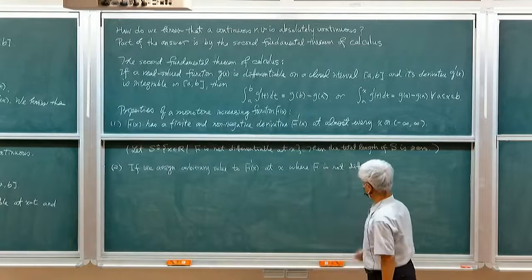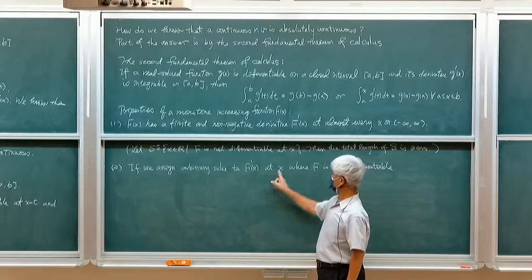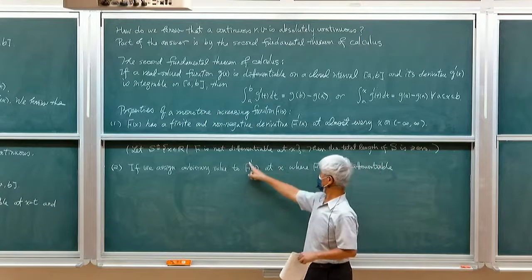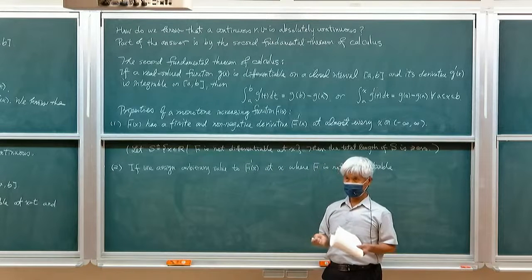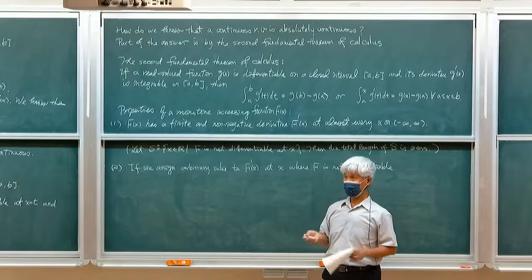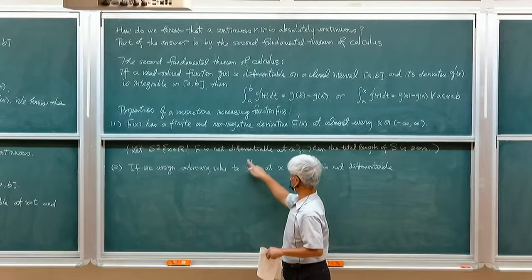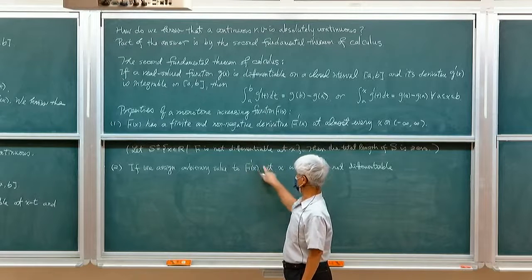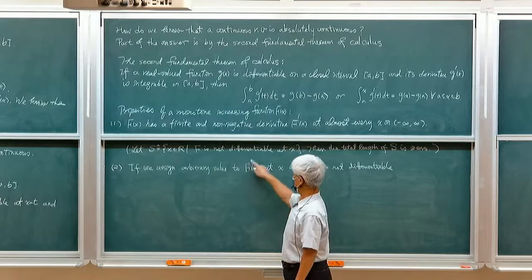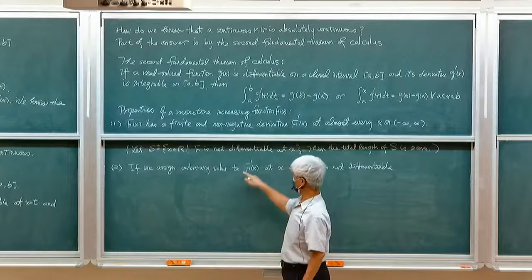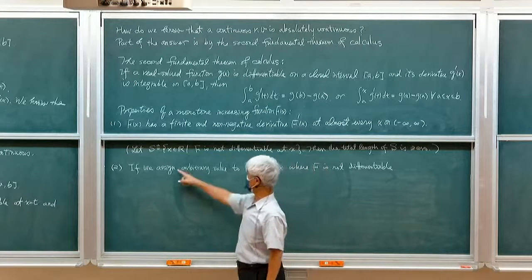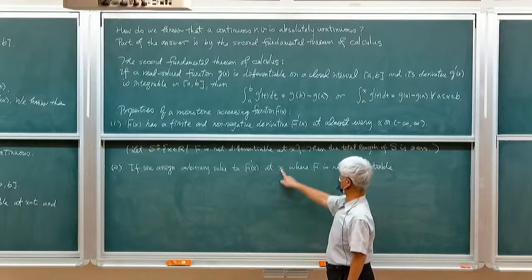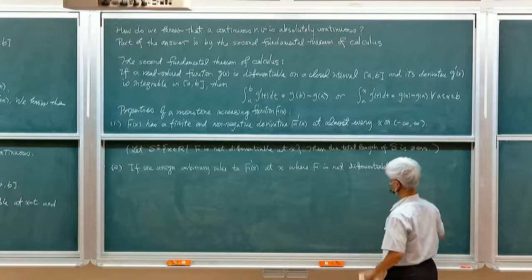Okay, if f is not differentiable at some point, then of course f prime of X is not defined, right? So this one is not defined at all. And so we can assign an arbitrary value, because we want to create a function, a derivative. So we can assign an arbitrary value to f prime of X at X where f is not differentiable.